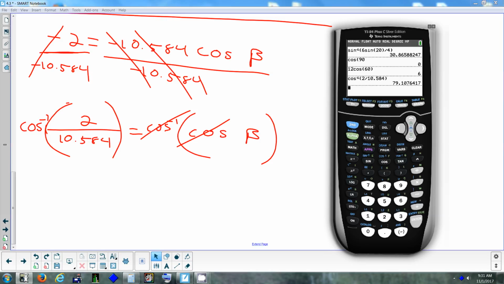Okay, and I get 79.108. Now, that's rounded. So, I mean, it could be 0.109, it could be 0.106. But the point is, if you put 0.10 something, you're going to be pretty close. If you put 79.3, like if you were that far off, something's wrong. Right? So you should have 79.10 something. In my case, I'm going to round to 108.